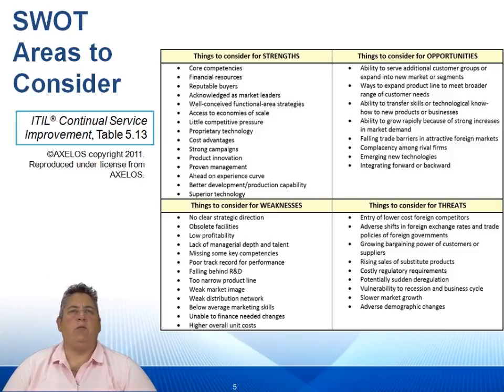This comes from table 5.13 from the CSI volume, and it does give you a good, comprehensive listing. I have not seen a better listing of things to consider for strengths, weaknesses, opportunities, and threats. I encourage you to review this. This is downloadable in your course handouts. Review it to come up with an idea or a familiarity with the various strengths, weaknesses, opportunities, and threats.